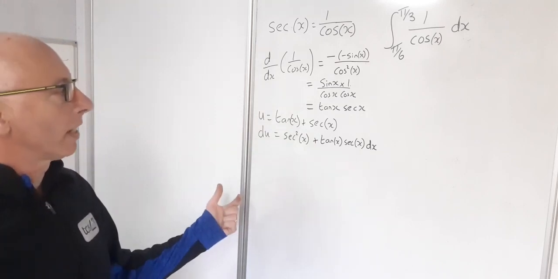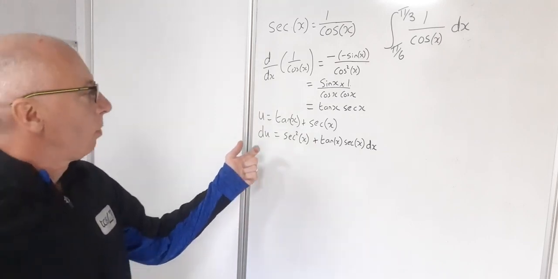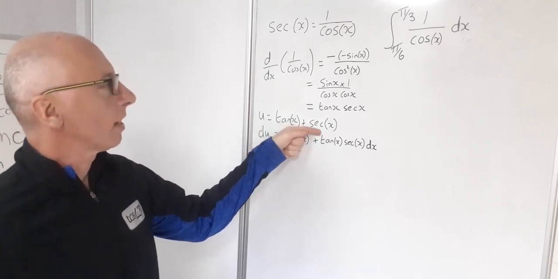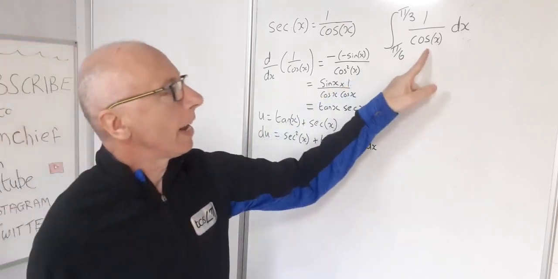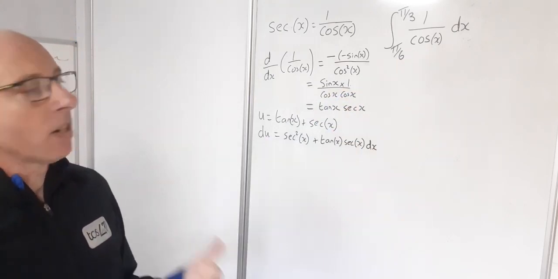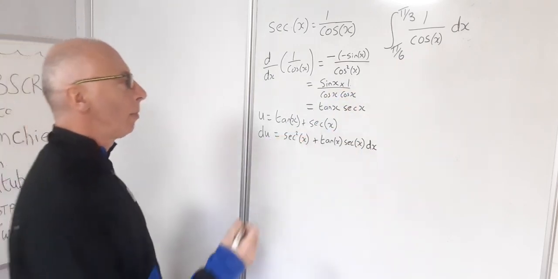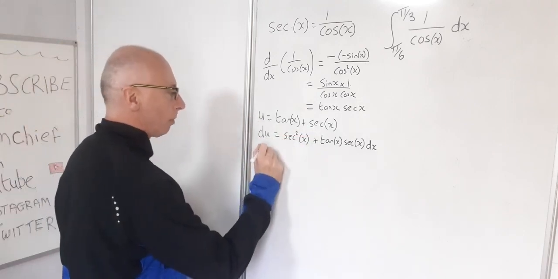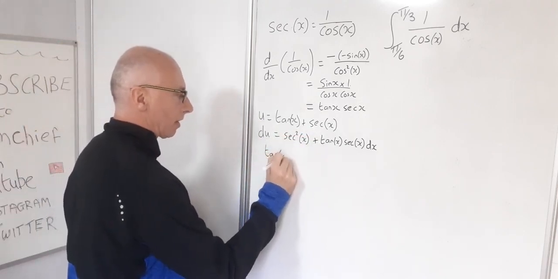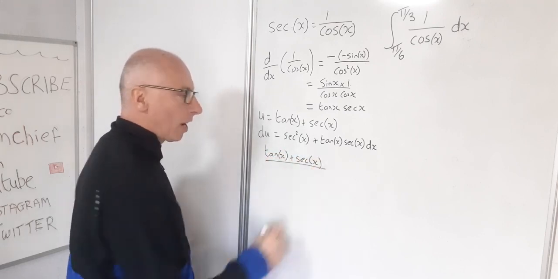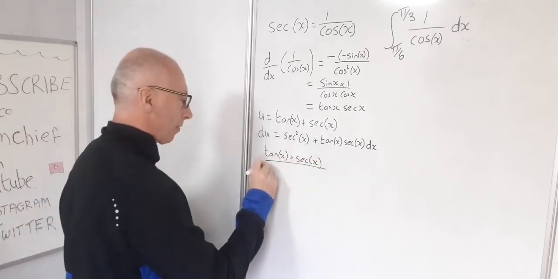Okay, that's great. So now we can maybe try doing our u substitution with this tan x secant x, plugging that in there. It's not really going to give us anything to go on just yet. So before I do my u sub, I'll plug in tan x plus secant x, and then divide it by the same again.